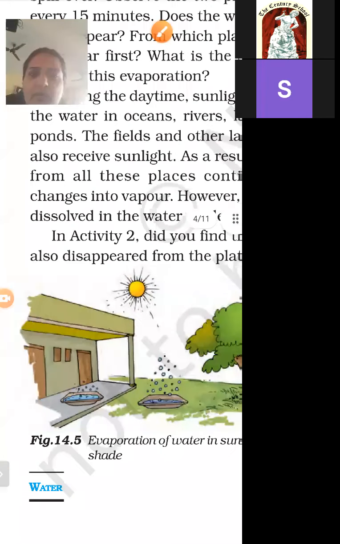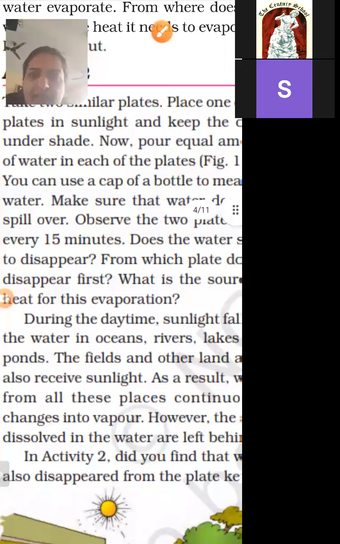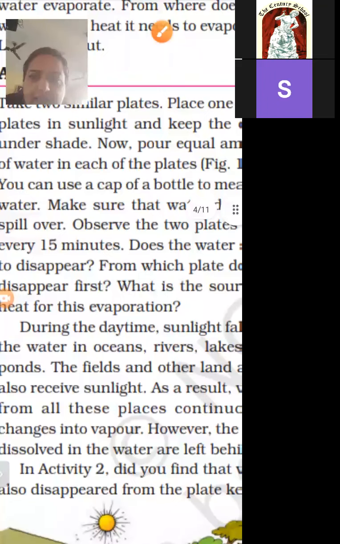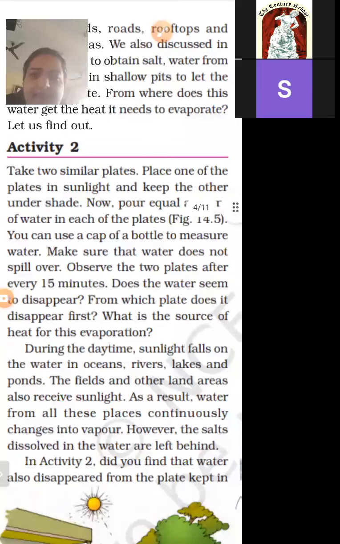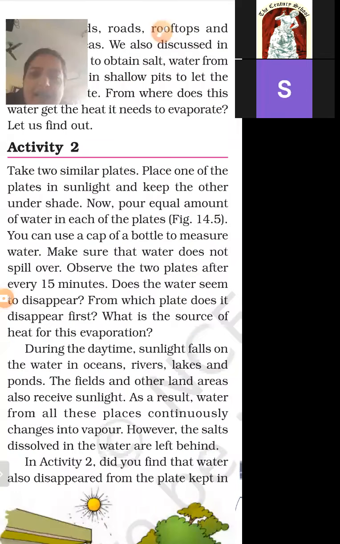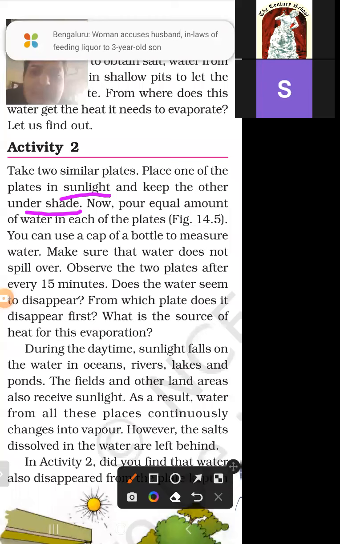Take two similar plates, place one plate in the sunlight and keep the other under shade. Now pour an equal amount of water in each plate. दोनों प्लेट में equal amount of water डालना है.